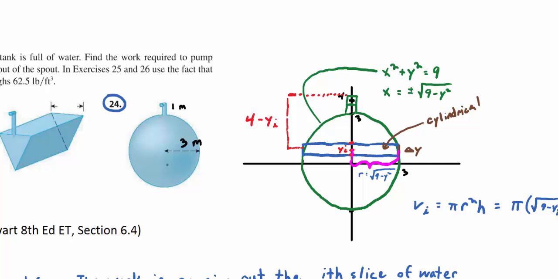Now some of you are thinking, and this is what I thought after I understood these problems, that's not really what's happening. If you've ever seen a pump, it doesn't break up water or liquid into slices and pump out individual slices at a time, no matter how small you get.